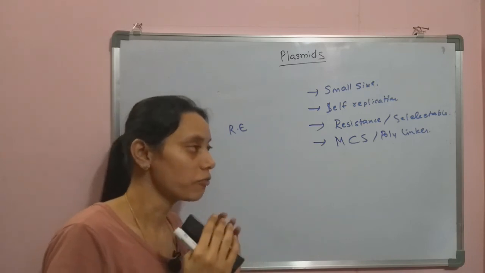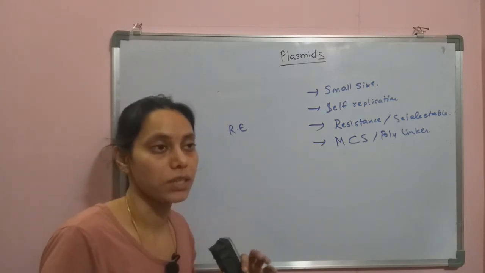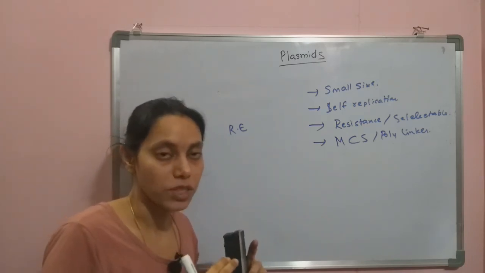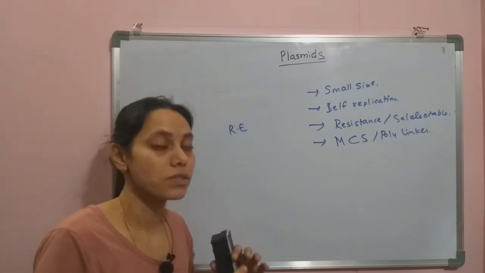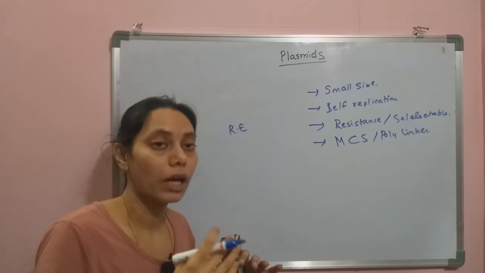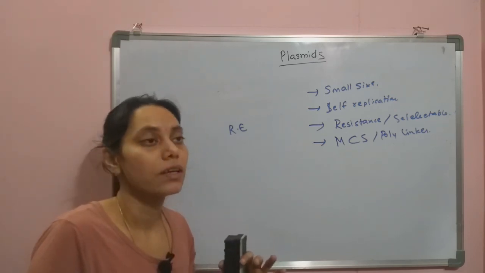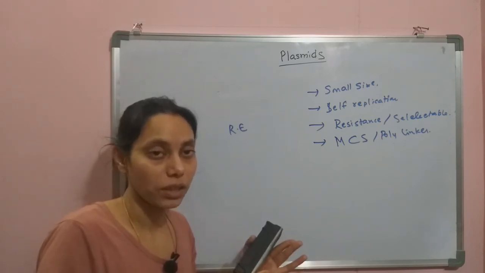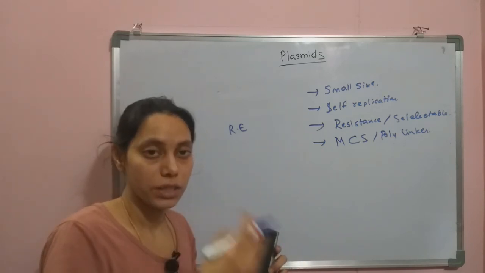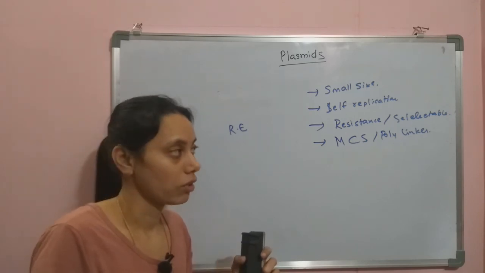So if plasmids have these restriction enzyme sites, we can cut the plasmids and insert the target DNA into them. Because of the presence of a high number of different restriction sites, we can cut the plasmid DNA using all these different restriction enzymes.